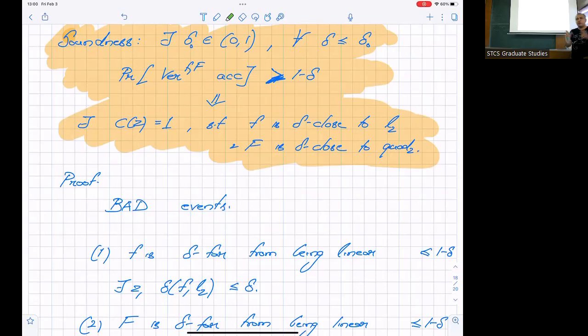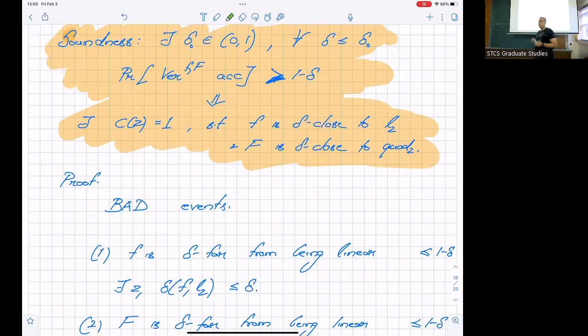You do code concatenation to put them together to get a final good code. We'll do the same here. We'll do the corresponding version of code concatenation, which is proof composition, to put both together. So the next few lectures will go into low degree testing, Reed-Muller testing, and then building a PCP out of it. And then we compose these PCPs to finally finish the proof of the PCP theorem.